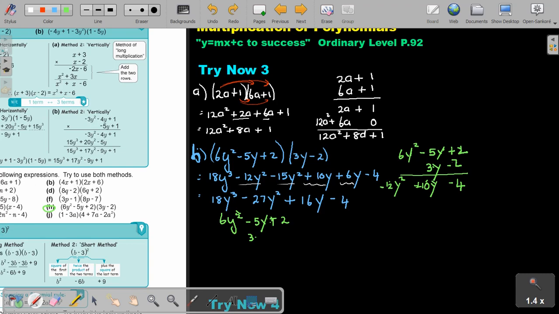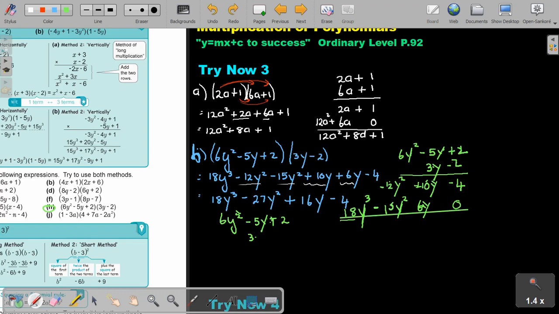And then leave your 0, okay, this is going to be 6y and this is going to be negative 15y squared, and this one is going to be 18y to the power of 3.